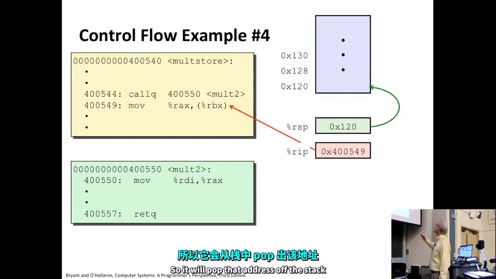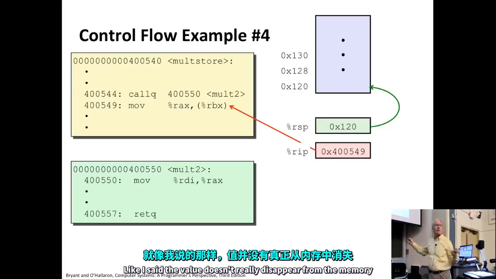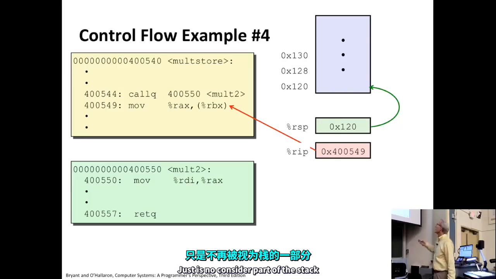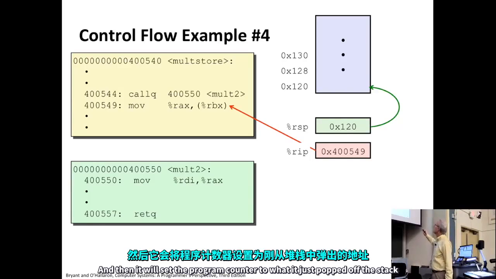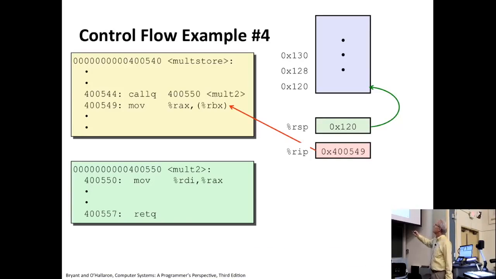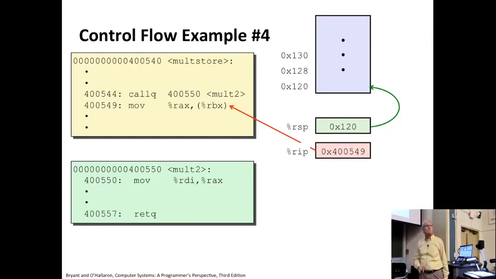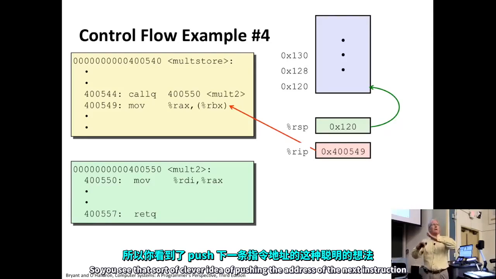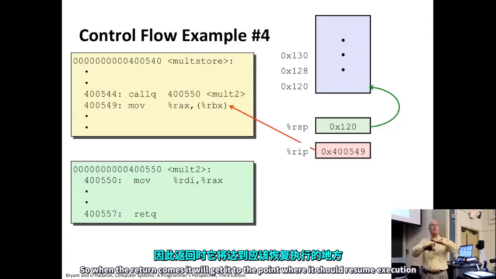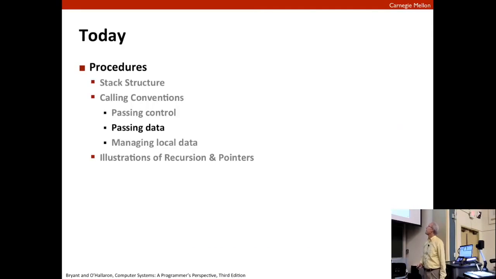So it will pop that address off the stack, meaning it will increment the stack pointer. Like I said, the value doesn't really disappear from the memory. It just is no longer considered part of the stack. And then it will set the program counter to what it just popped off the stack. And that will cause the program to resume back to where it came from. So you see that clever idea of pushing the address of the next instruction, so when the return comes, it will get it to the point where it should resume execution.